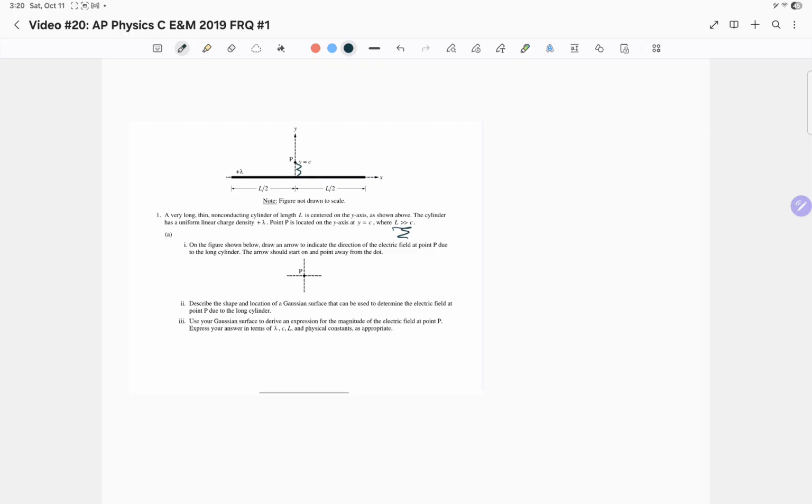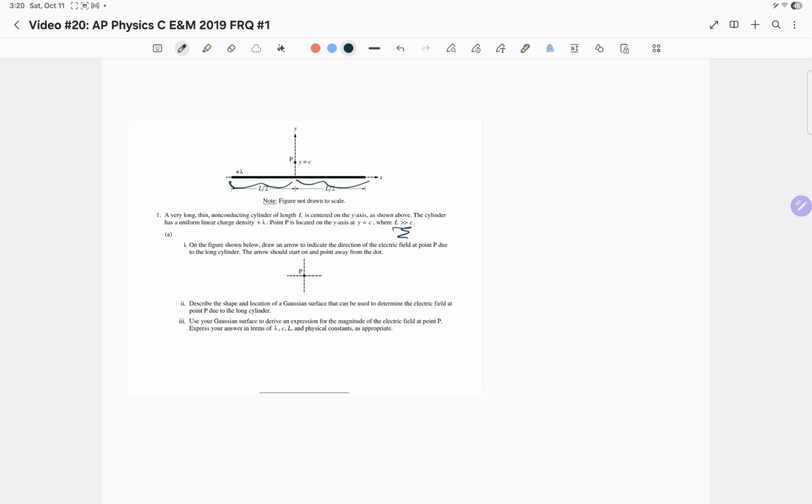When we look at the net electric field at point P, we have to consider the figure they gave us. Point P is on the y-axis, and there's an equal amount of charge to the left as to the right.